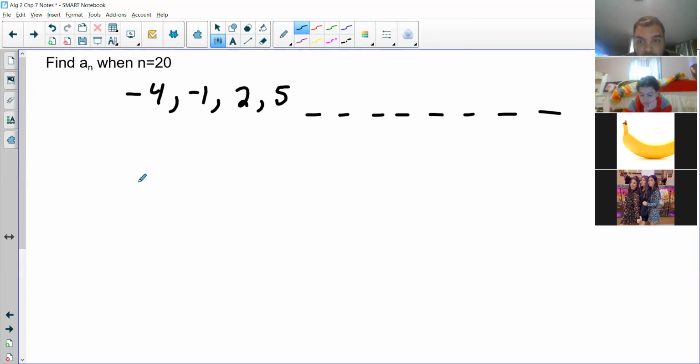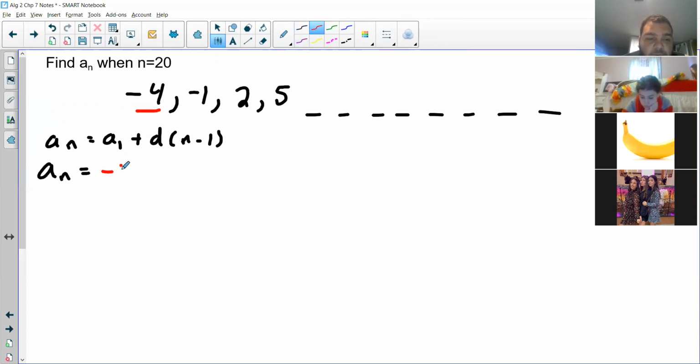So let's make the equation first. This is my general equation. I'm just going to draw it out here so we have it as reference. a_n equals a_1 plus d times (n minus 1). So a_n equals my first term, which is -4.